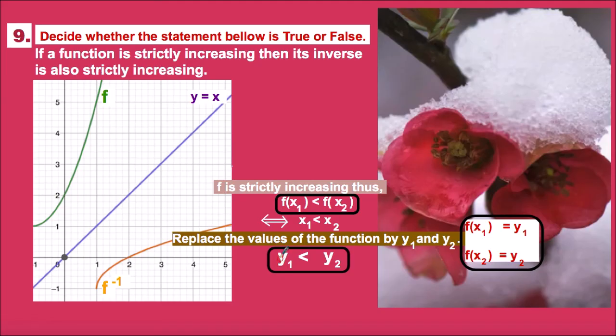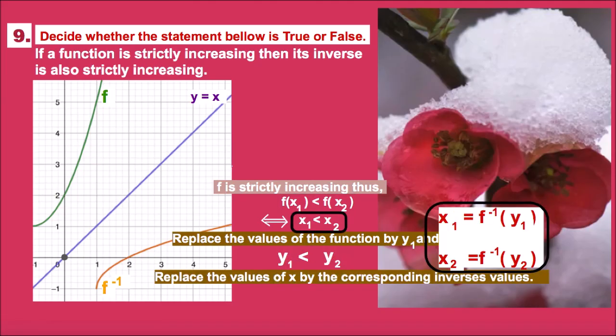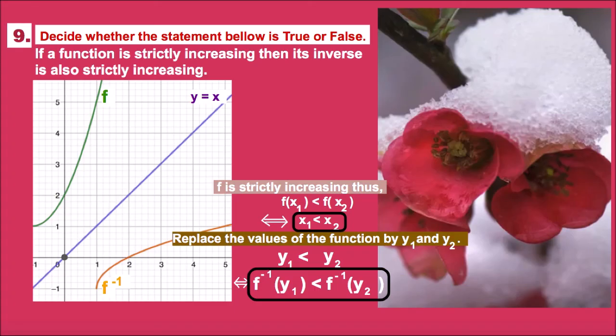Thus we have y1 less than y2. Replace the values of x by the corresponding inverse values. x1 equals f inverse of y1, x2 equals f inverse of y2, which is equivalent to f inverse of y1 is less than f inverse of y2.